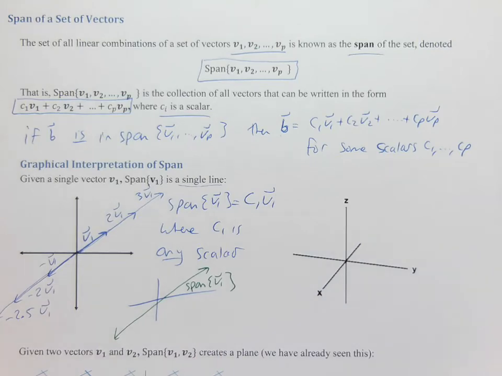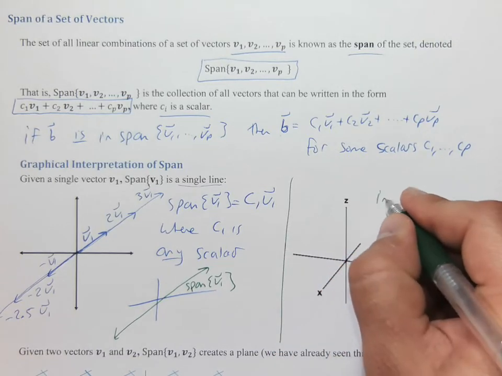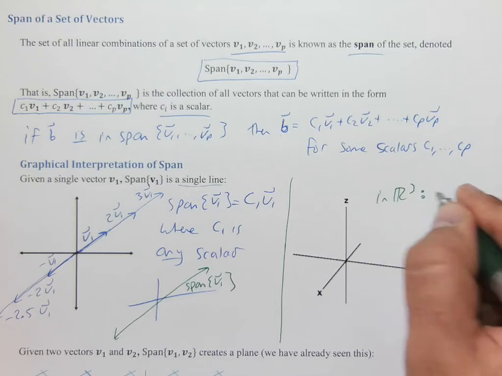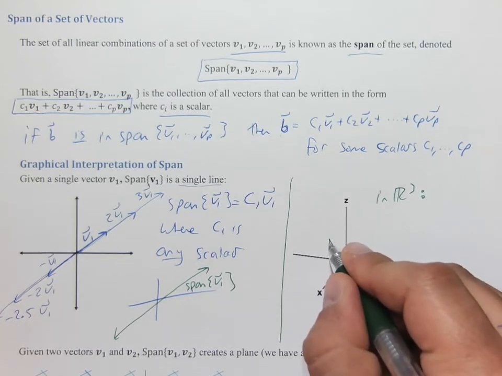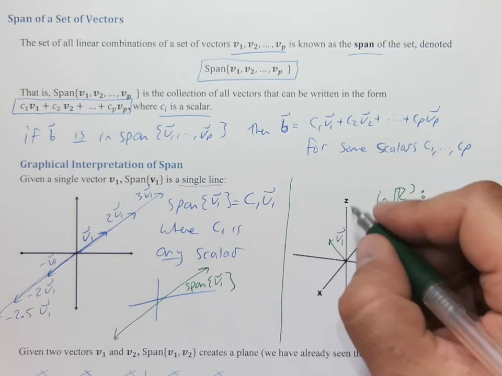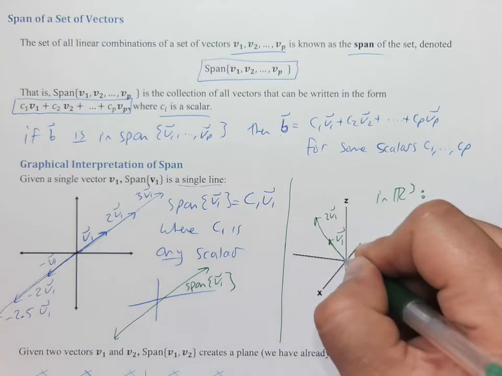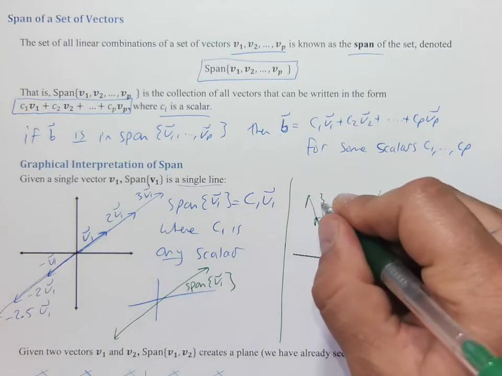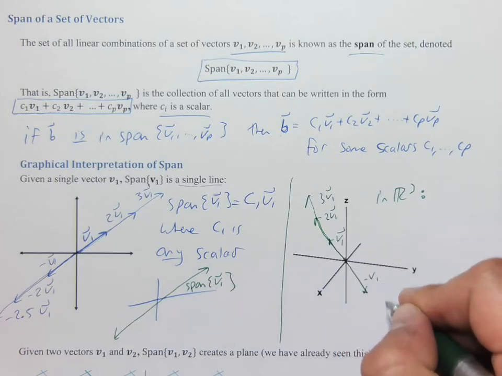Okay, and you can do that. You can do the same thing in higher dimensions as well. So here's my attempt at doing it in R3. Right. So if this is v1, then 2v1 sends it this way. 3v1 sends it this way as well, etc. Right? Minus would send it the other way.